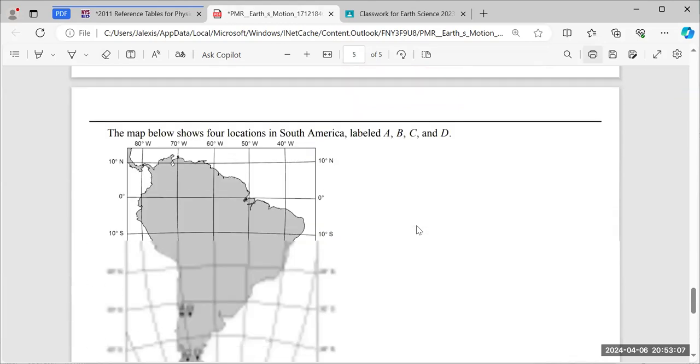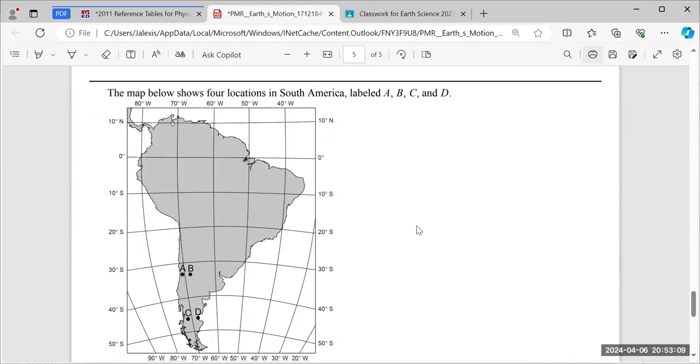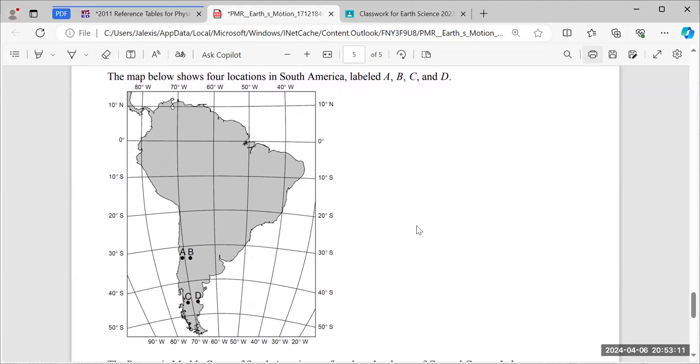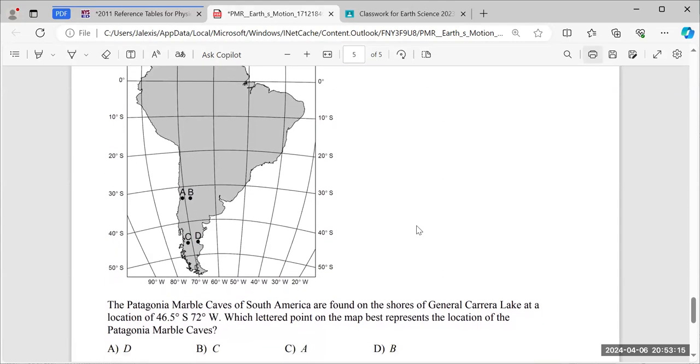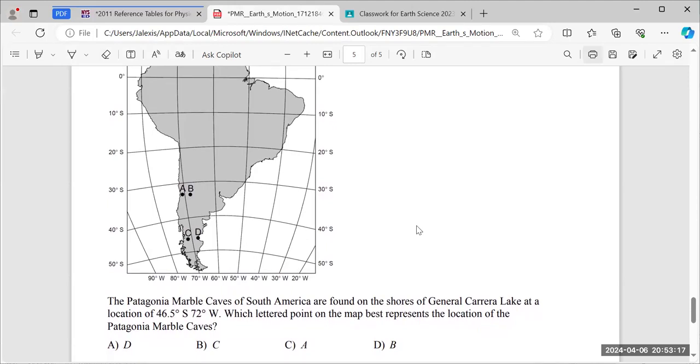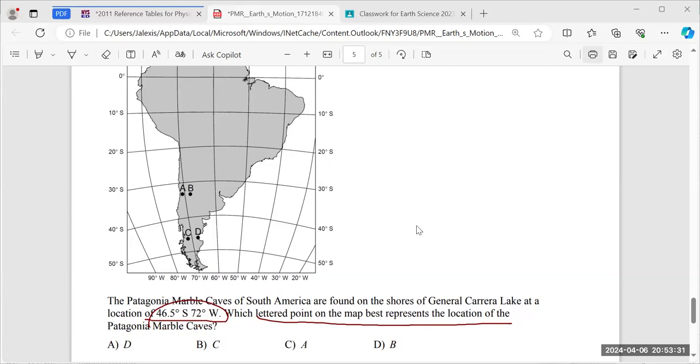The question says the map below shows 4 locations of South America labeled A, B, C, and D. And it says the Patagonian marble caves of South America are found on the shores of General Carrera Lake at locations of 46.5 degrees south and 72 degrees west. Which lettered point on the map best represents the location of the Patagonia marble caves?